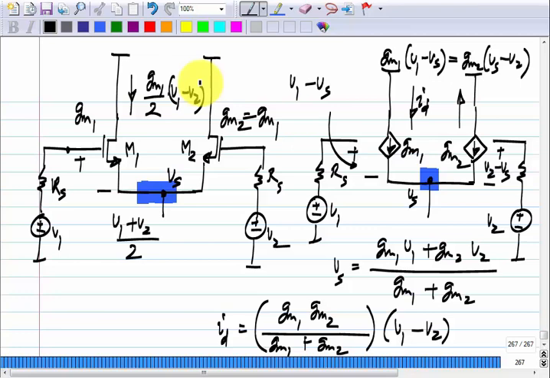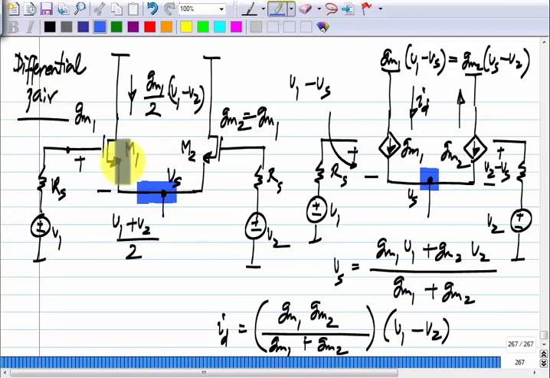So, this structure which amplifies the difference V1 and V2, we have to add the bias to it. So, this is not the complete picture yet. This is known as the differential pair. Okay. Differential pair is just these two transistors connected at the source, and here we have an open circuit in the incremental picture, that is no current flows out of this.